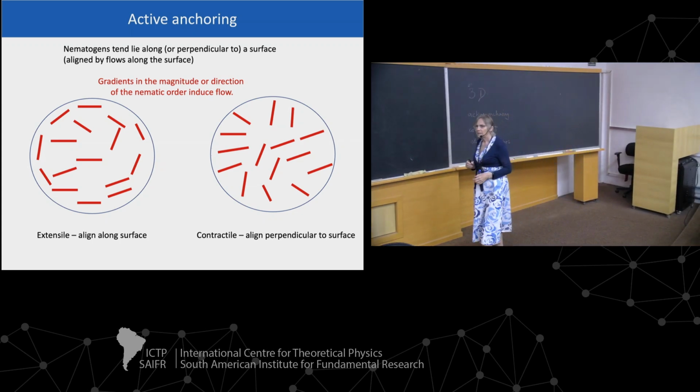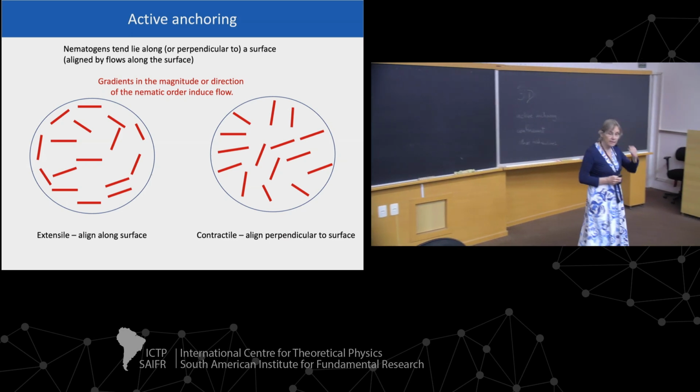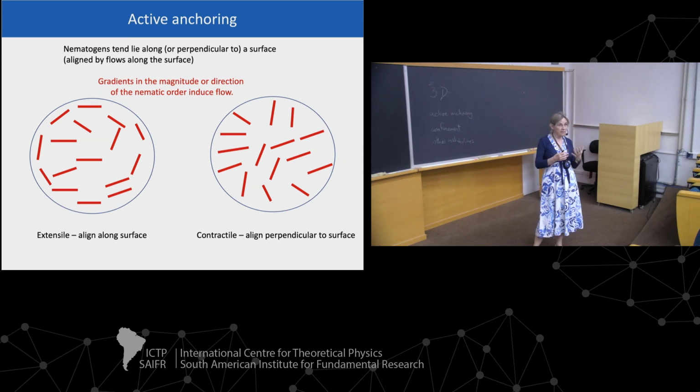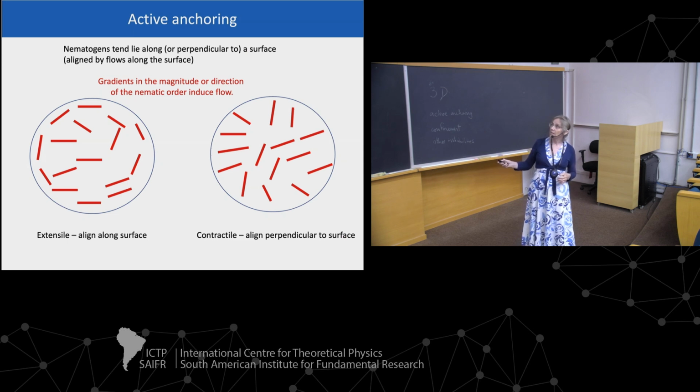Now I'm going to talk about this thing called active anchoring. Active anchoring is, I think, seen in biology, but again, we're at the beginning of understanding this. This is if you have a surface. So imagine if you have a sphere, say, of active material. So this is bog standard active nematic in here, okay? And there's some sort of surface.